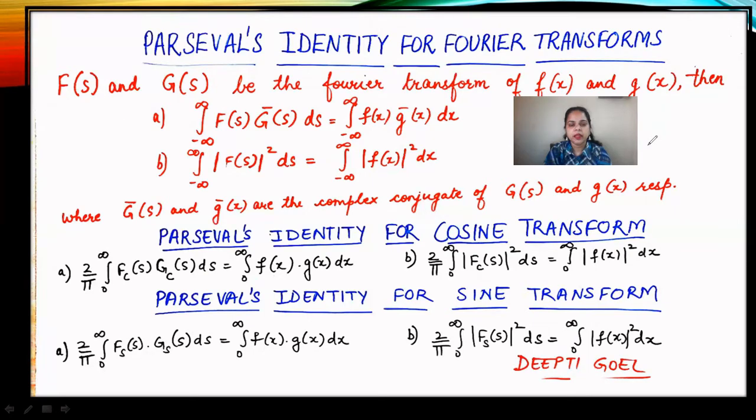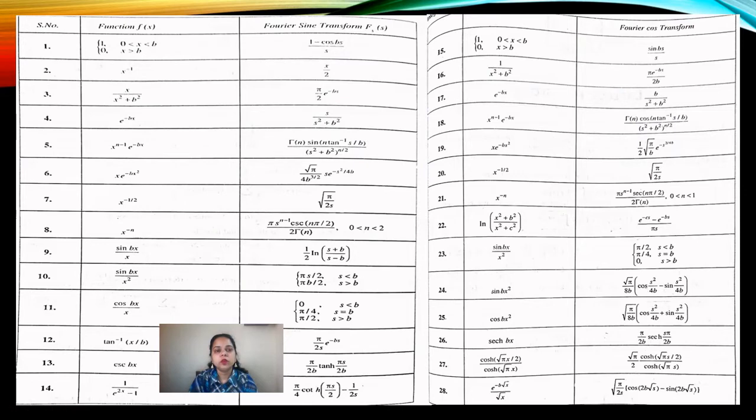So now we shall apply these Parseval's identities for the application of the numericals, and let's see how we shall be able to solve the integrals. Before solving the numericals related to Parseval's identity, this is an extract of the formulas from the book by H.K. Das, where it has mentioned some of the functions and their Fourier sine and cosine transforms.